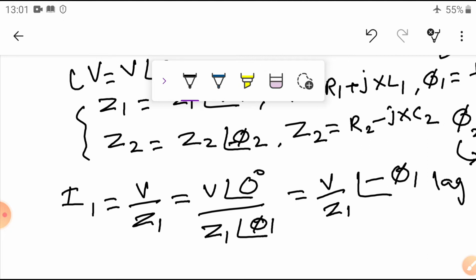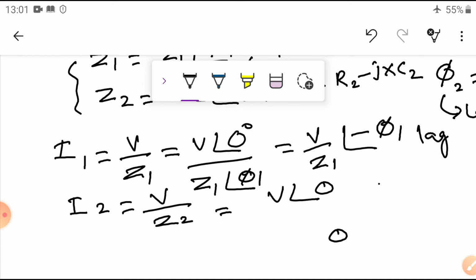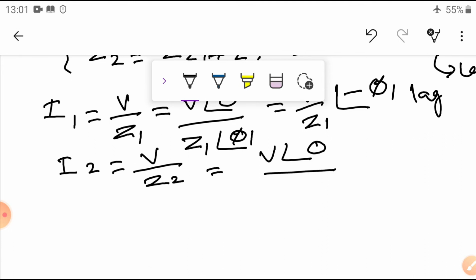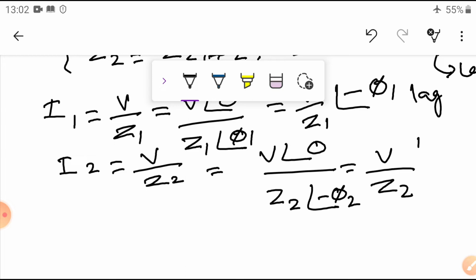Now the I2 current is equal to V by Z2. V at an angle of 0 degrees, Z2 at an angle of minus phi 2. Then the result is V by Z2 at an angle of plus phi 2, because that is leading.